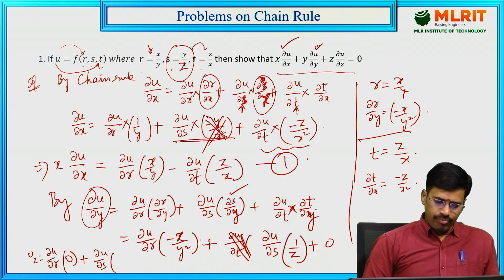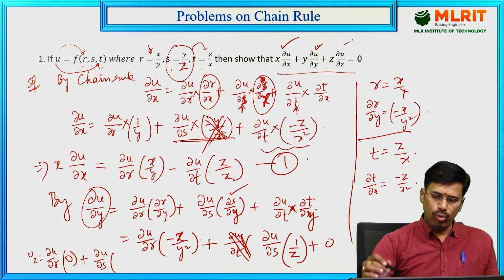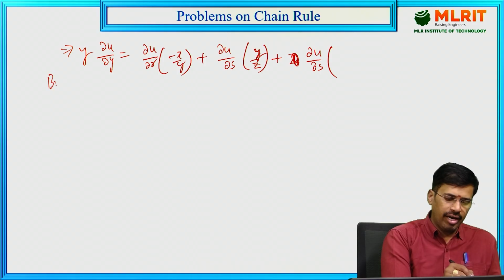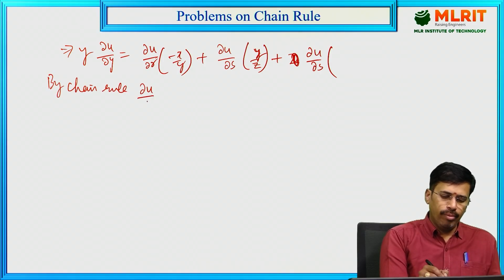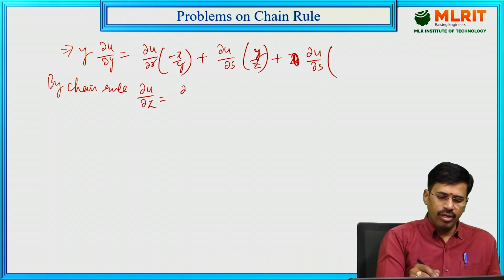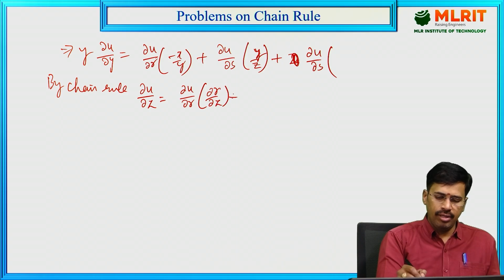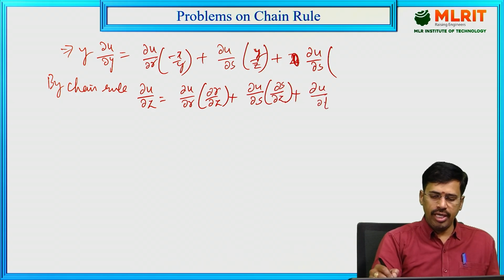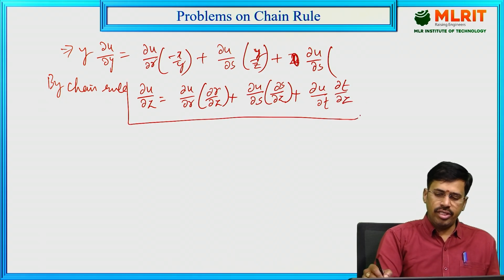We want ∂u/∂z, so first let us write by chain rule. How will we write? By chain rule, ∂u/∂z can be written as ∂u/∂r into ∂r/∂z plus ∂u/∂s into ∂s/∂z plus ∂u/∂t into ∂t/∂z. This is the chain rule how we write.